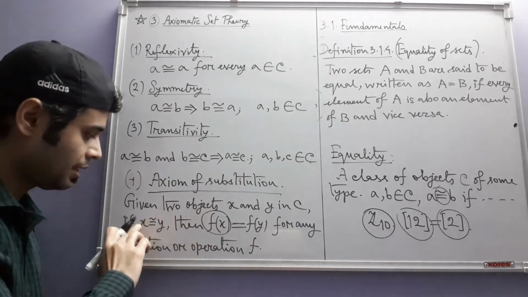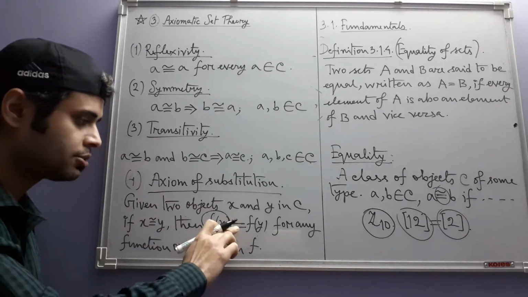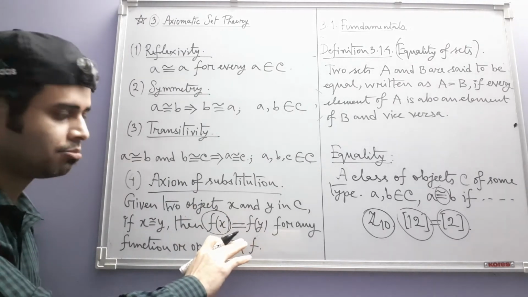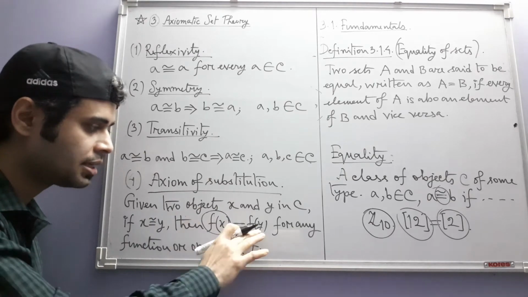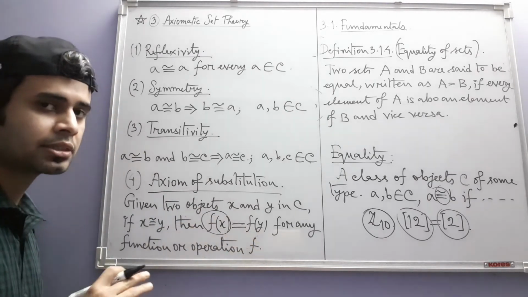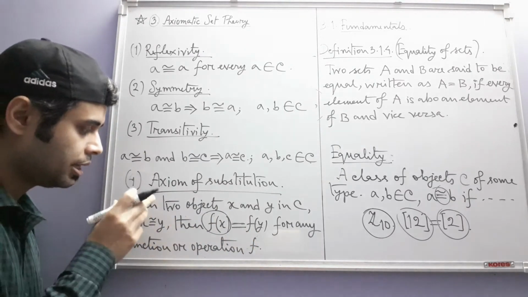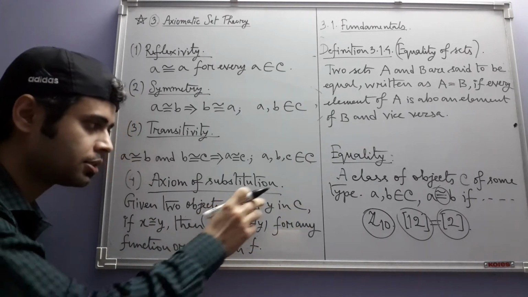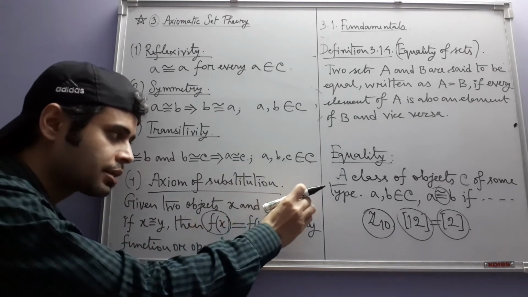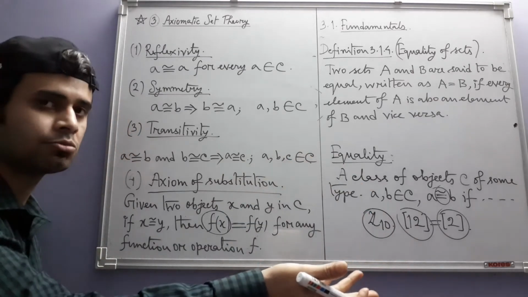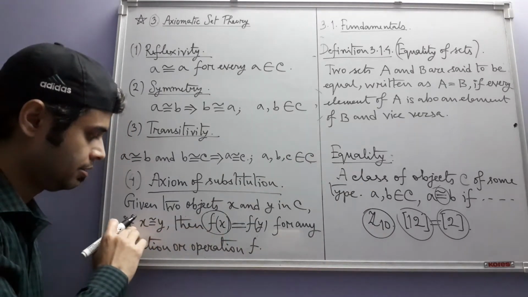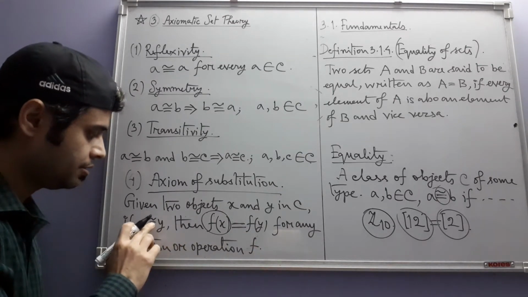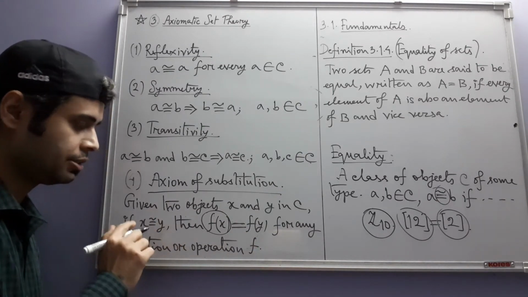Since I already have used one symbol, here I am just simply writing our ordinary equality symbol, but keep in mind that Fx and Fy need not be numbers, they can be vectors also. So essentially this is a function or operation which takes us from this class C to yet another class of objects, and this must be true. Then only we can say that this is an equality.